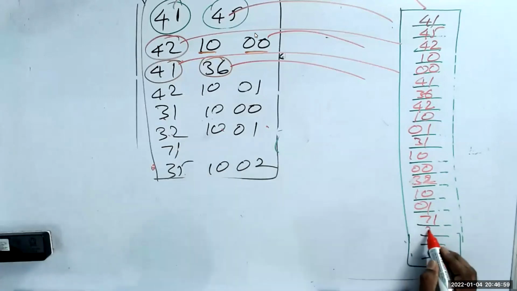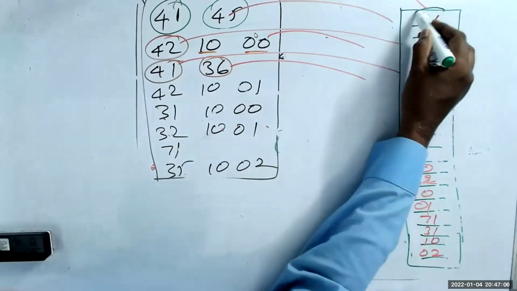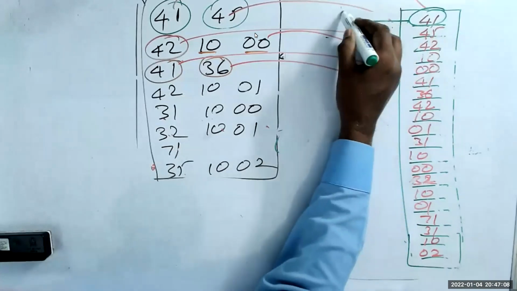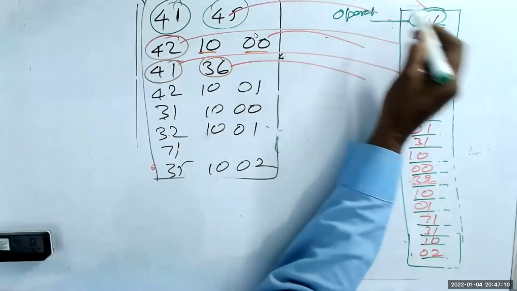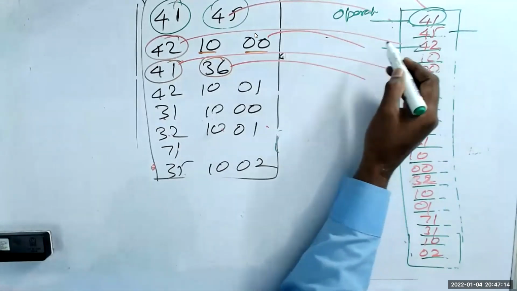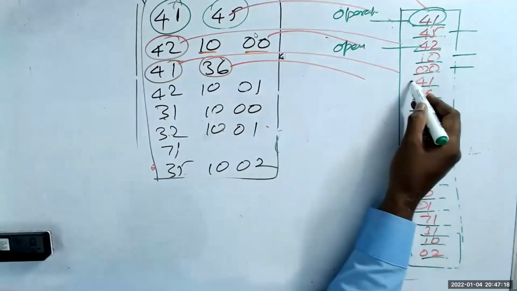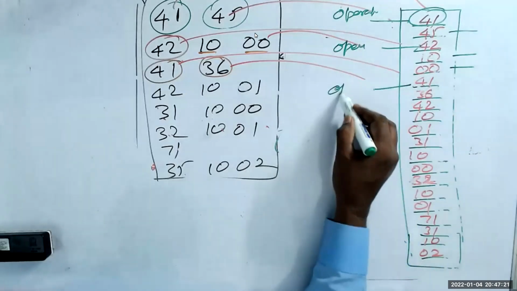35, 10, 02. If you see here, in this one, this is operand. 41 is operation. And this is operand. 42 is operation. And these two are operands. And 41 is operation.